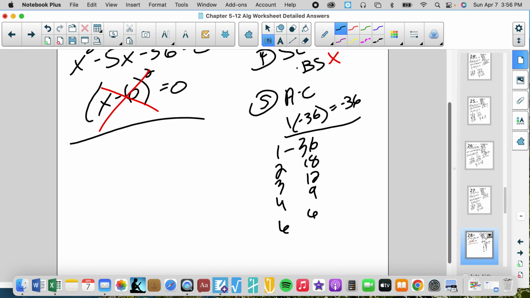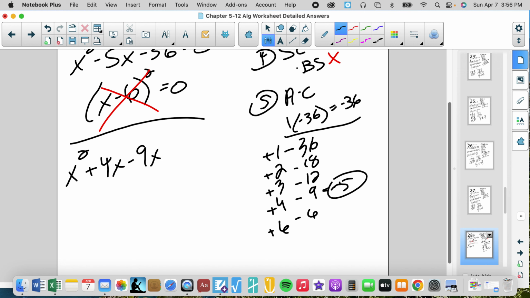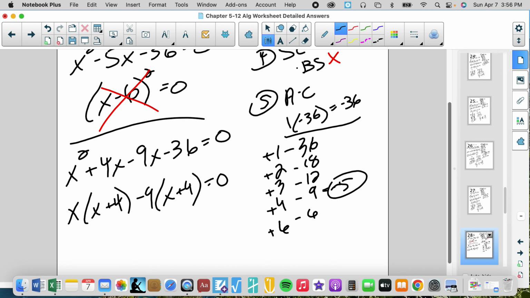Bigger is negative. -5 is my middle, so this becomes x squared plus 4x minus 9x minus 36 equals 0. Factor out an x, we get x plus 4. Factor out a -9, we get x plus 4.